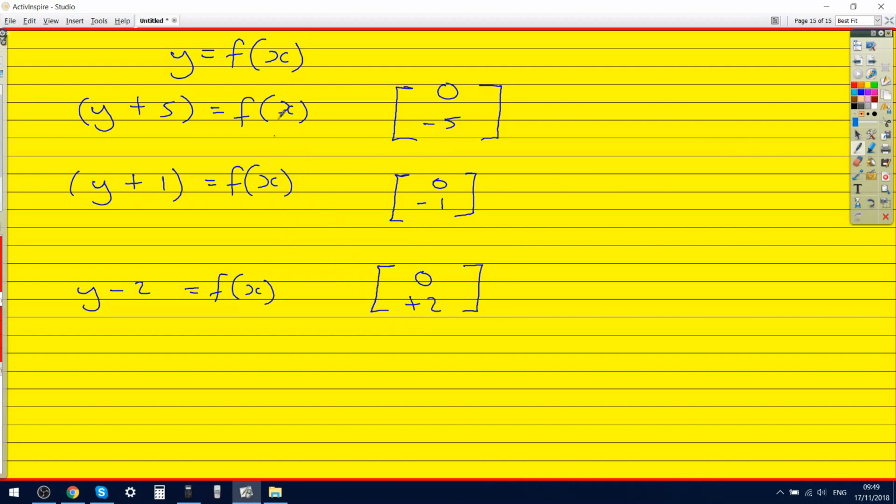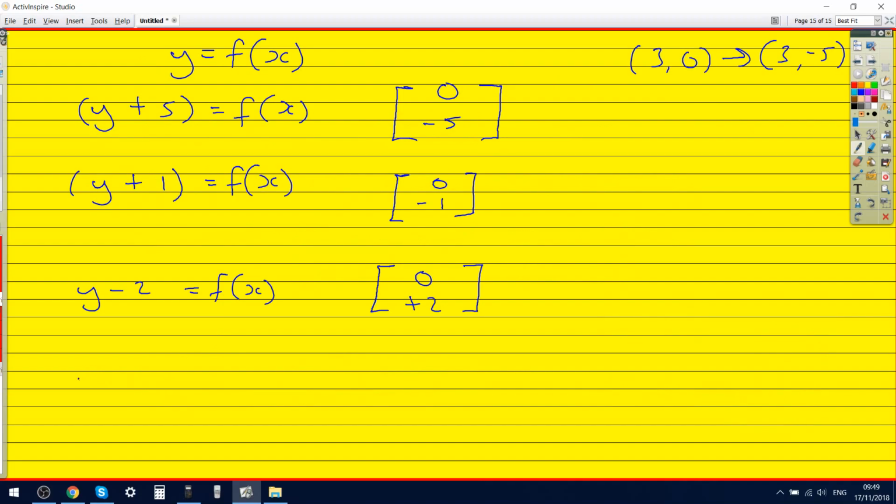Because nothing happens to the x. Right, okay. So we had these coordinates, one of the solutions was 3, 0. For that one, let's say y plus 5, that would become 3, minus 5. So nothing happened to the x, but the y, you subtract 5. So maybe I'll just show you here.